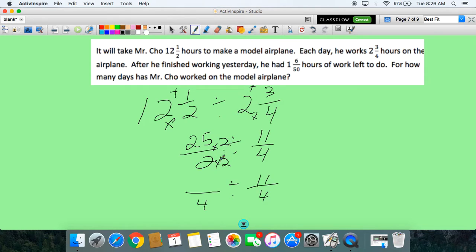This is also multiplied by 2. So we get 50 over 4. Cross multiply. Now I get 50 over 11 as a fraction, and I can change that to a mixed number. 11 goes into 50 4 times, 44. 6 left over out of 11.